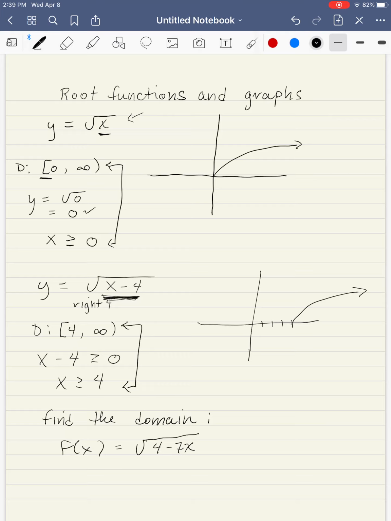Remember here, we knew x minus 4 had to be greater than or equal to 0, solve for x. Here, x had to be greater than or equal to 0, solve for x. So on this example, we're going to set 4 minus 7x greater than or equal to 0, and then solve for x. So I want you to pause the video, solve this inequality, and then write the domain.